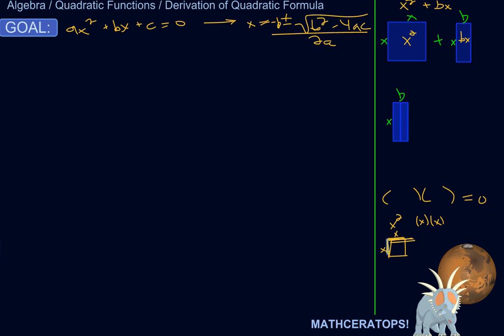Okay, so for example, instead of the very simple x squared, say I've got this binomial x squared plus bx. I could visualize what this means in terms of geometry as a square plus a rectangle. So x squared is a square with side lengths x.